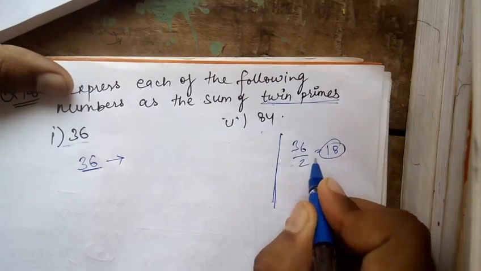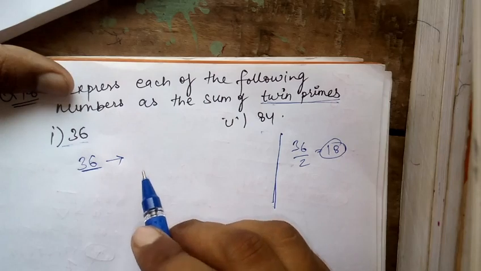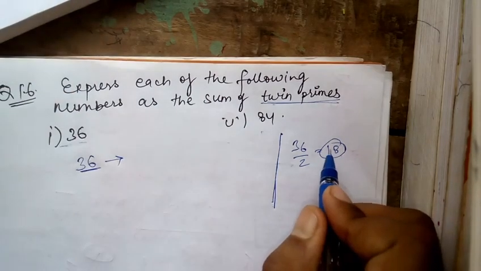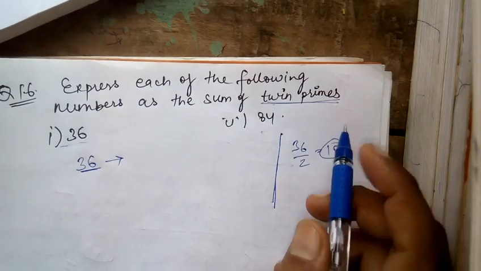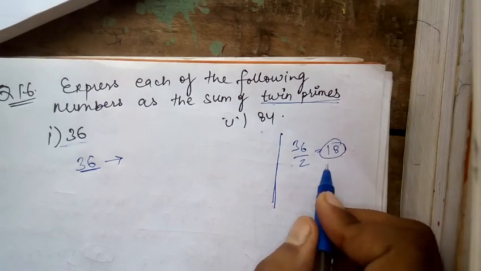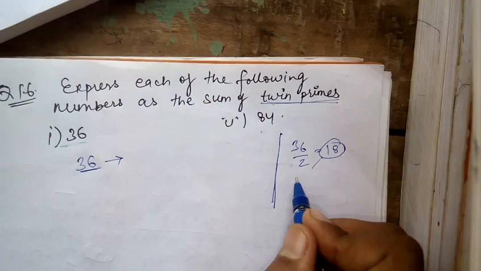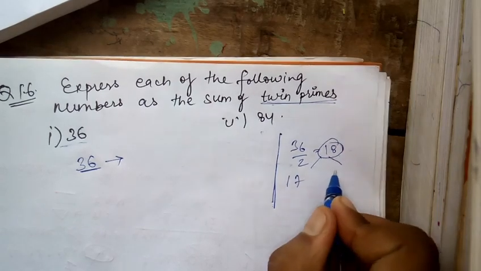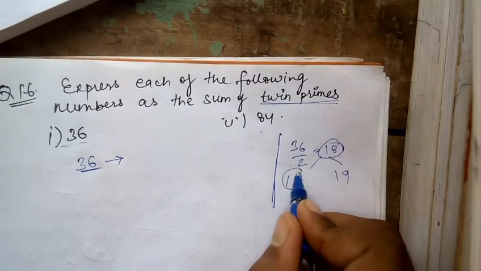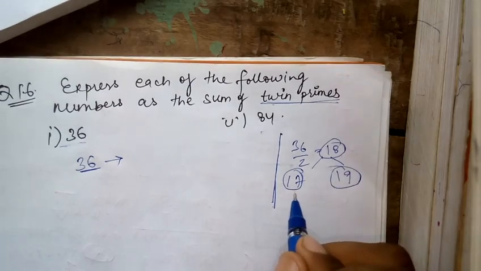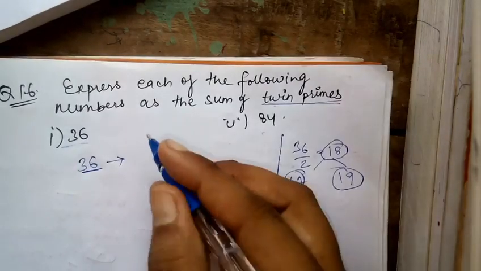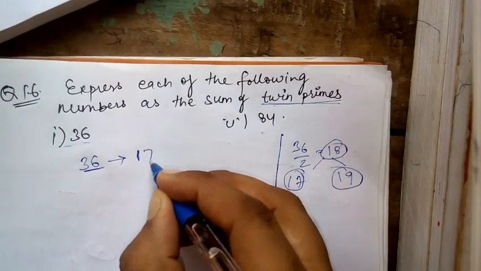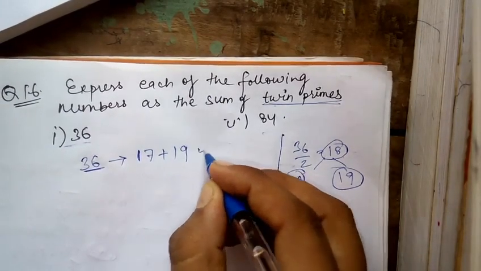Now think of numbers around 18 which are consecutive, odd as well as prime. Around 18 we get 17 and 19. So 36 can be written as 17 plus 19.